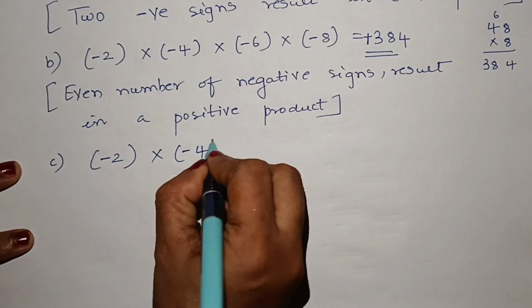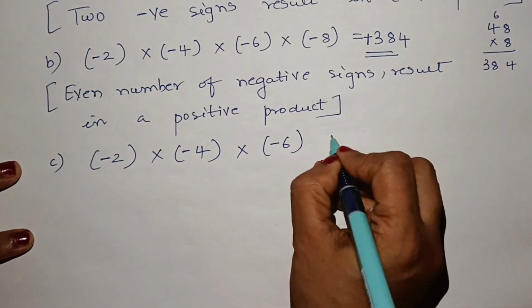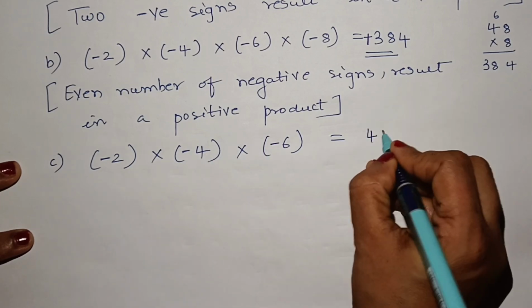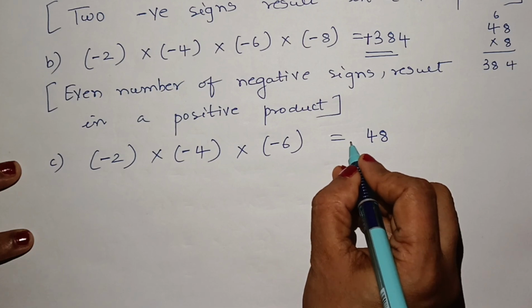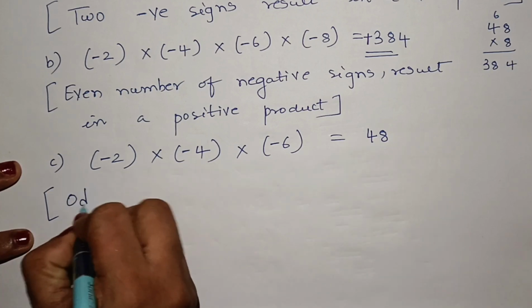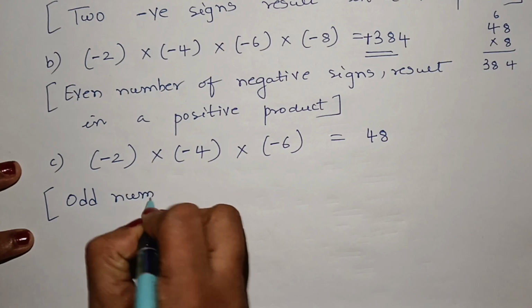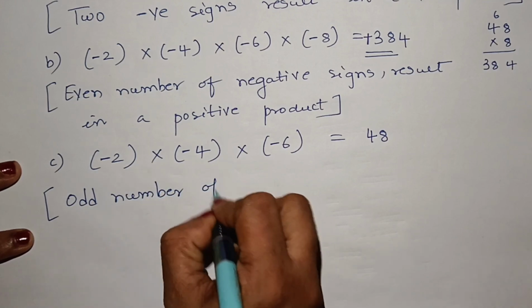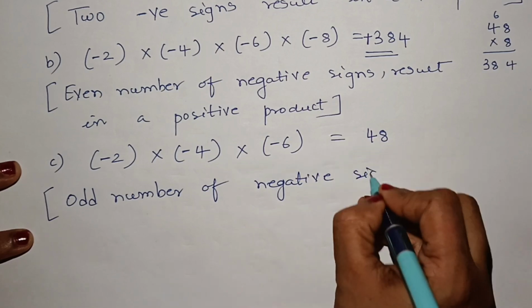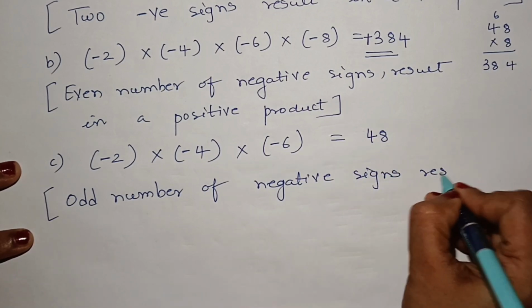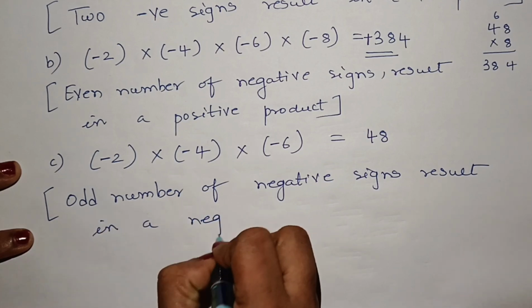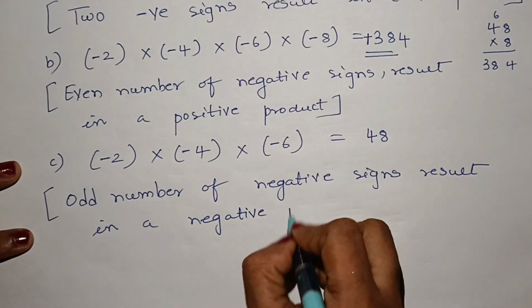Into minus 4 into minus 6. 2 4s are 8. 8 6s are 48. Now let's see which sign has to be assigned. Note this condition, it has to be learned. Odd number of negative signs result in a negative product.